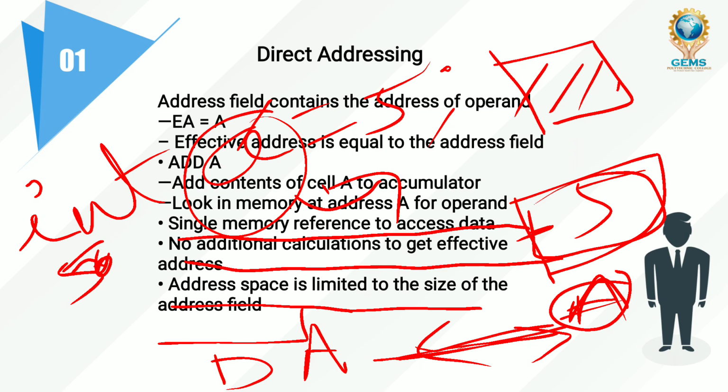The 5 is in A, and it points to A. You go to A, and at A you will get the 5. So it does not point to the 5, but it points to A. This is called direct address.